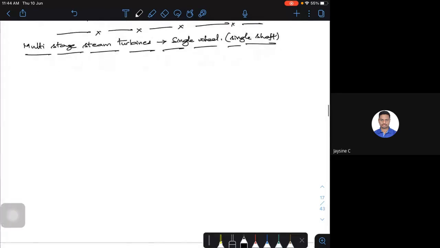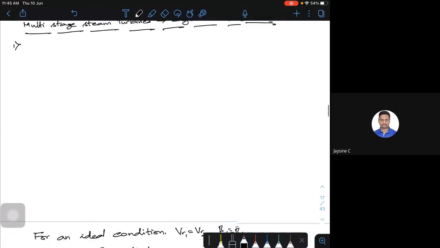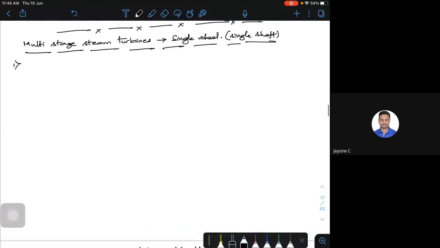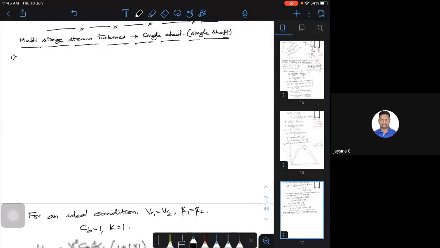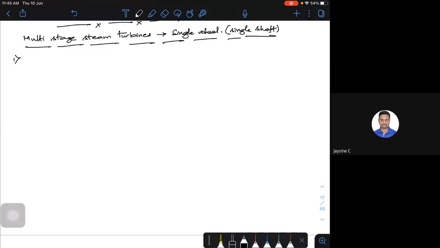Now, there are certain important points before I go into drawing the velocity triangle for this multi-staging. Let's try to understand what exactly multi-staging is. Say I have a first stage nozzle. Usually we will have a nozzle, and from the nozzle the steam will exit and hit the first stage of a rotor.